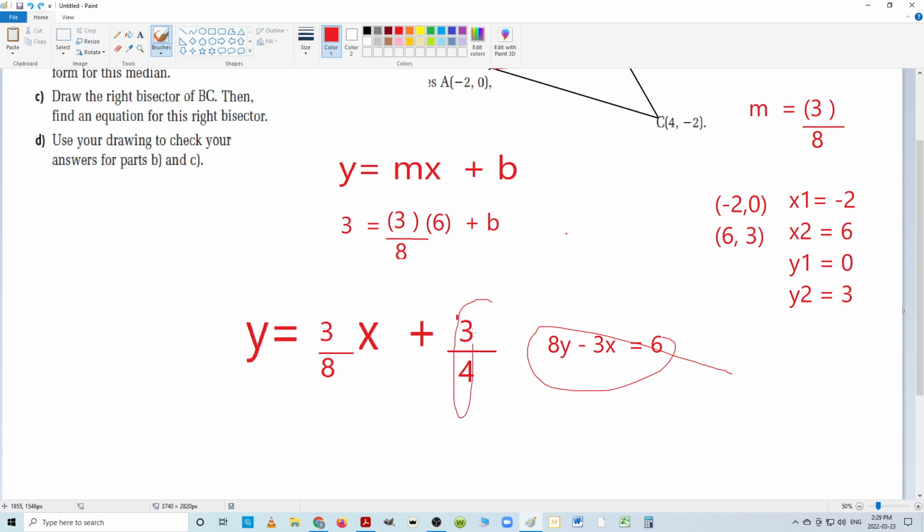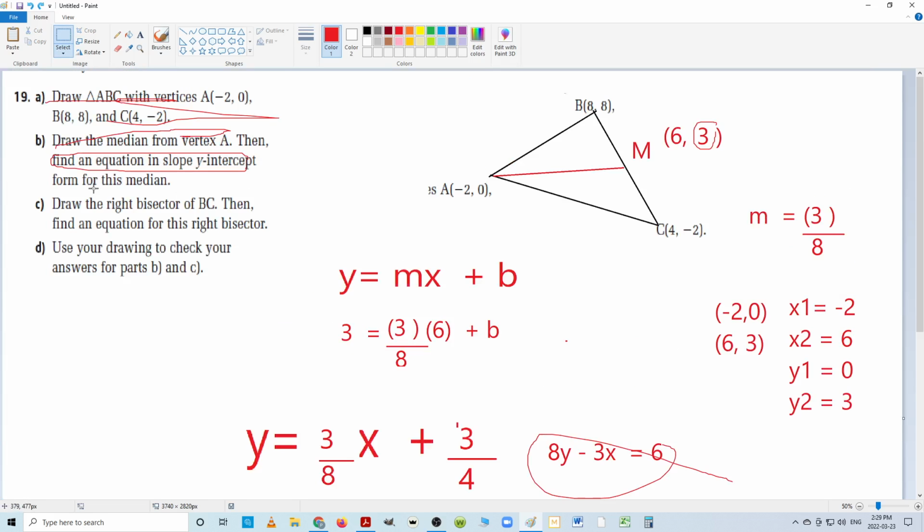It's just that this is in slope-intercept format and this is in standard format. This one has essentially just been multiplied by 8. That's the only difference. But since I multiplied left and right side, they are the same formula. So you're going to face that, but at least now we have the formula.